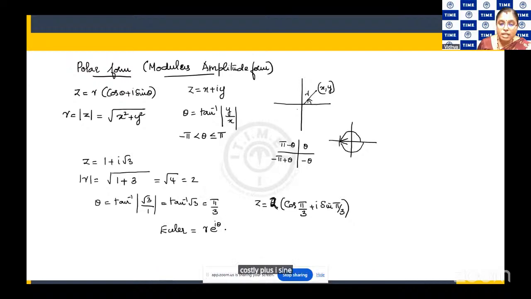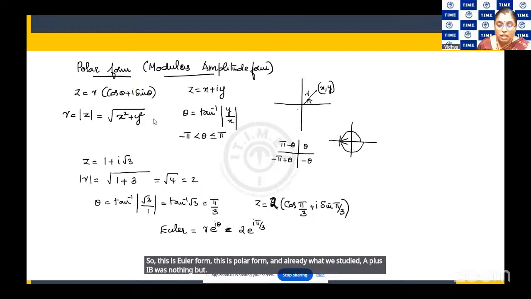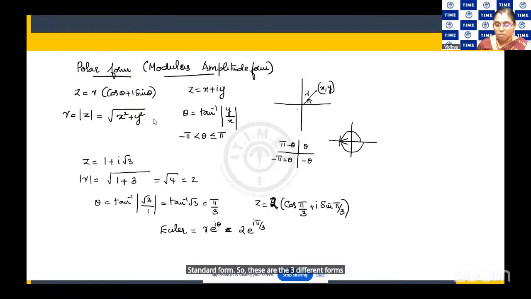So we can write it as r into e raised to i theta. So here, 2 into e raised to i pi by 3. This is how we write the complex number in the Euler form. Clear? So this is Euler form, this is polar form, and what we studied already, a plus ib, was nothing but standard form. So these are the three different forms of complex numbers.